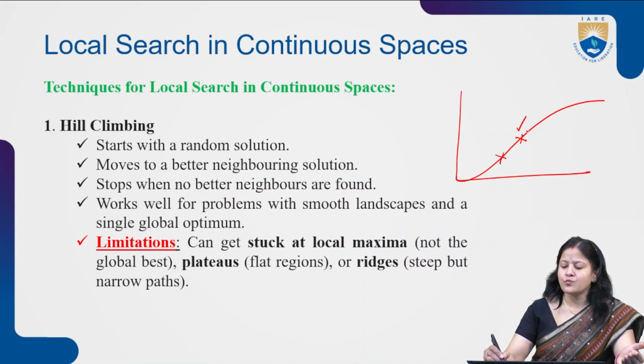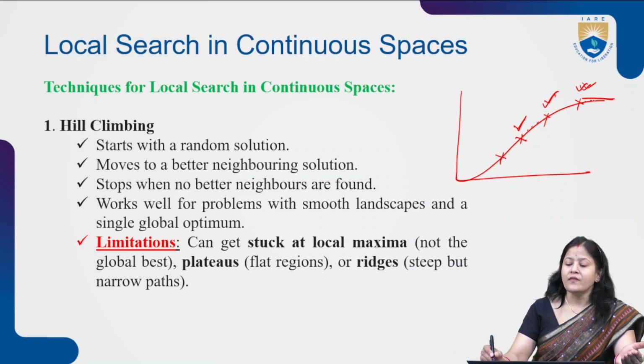While exploring the path, it may find a better solution compared to the previous one, and it moves on until no better solution is found. After this peak point of the hill, the agent has to come down, so it may not get a better solution here.